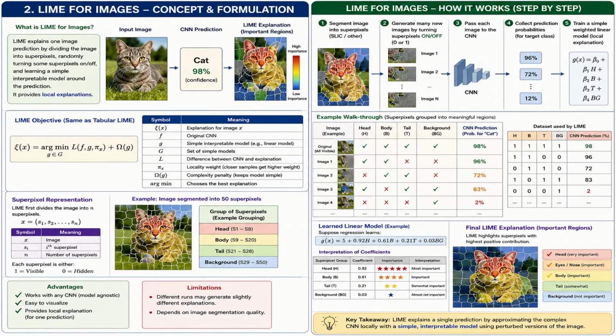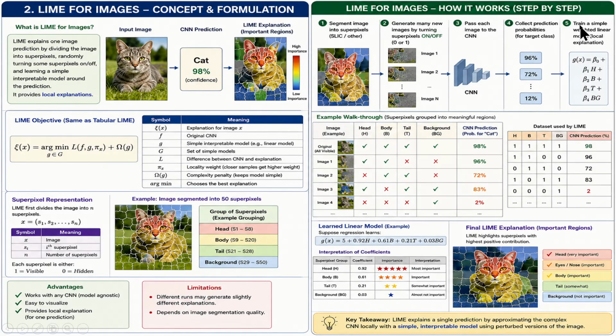We obtain the accuracies, let us say 96%, 90, 72, 12 for various images. If it perturbs 100 images, it generates 100 accuracies.